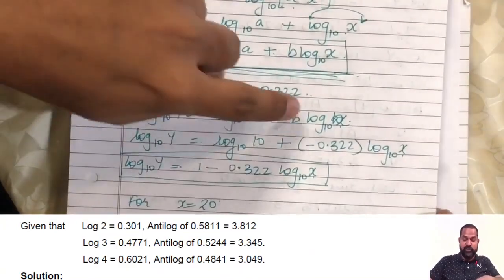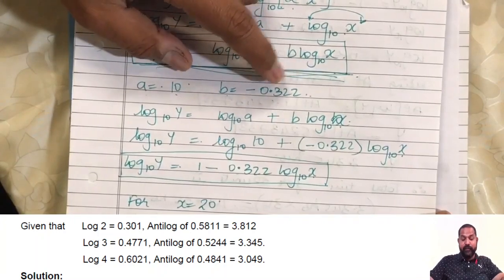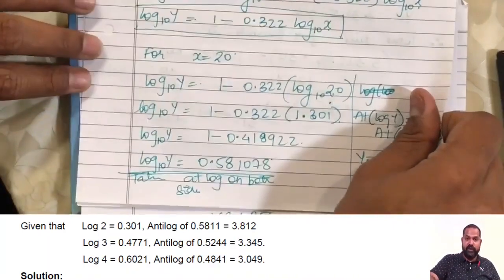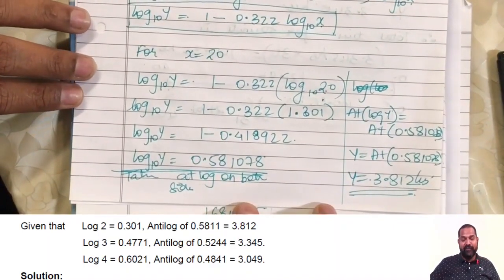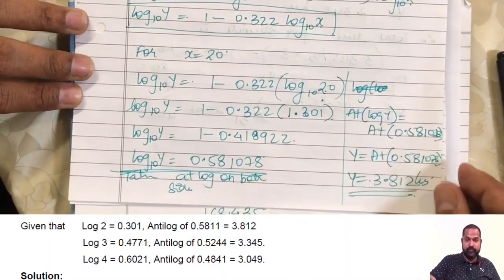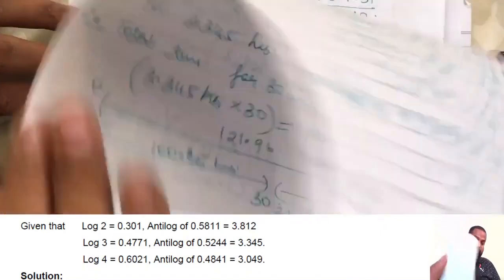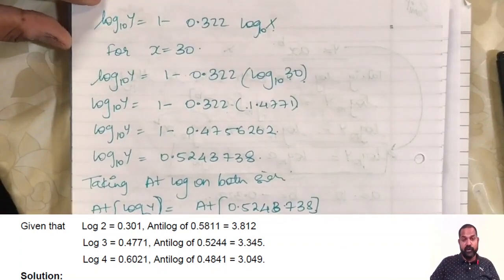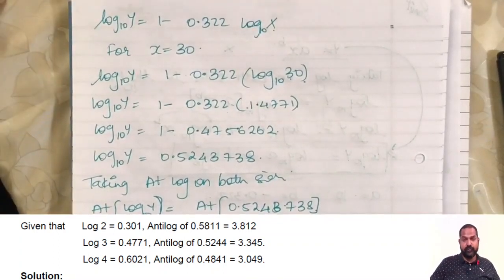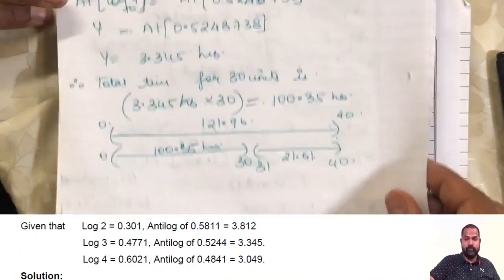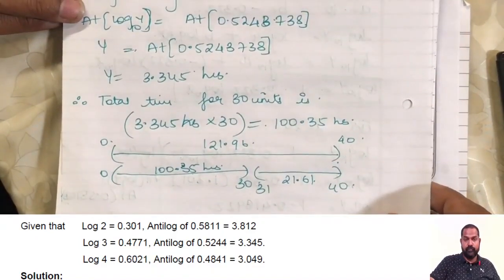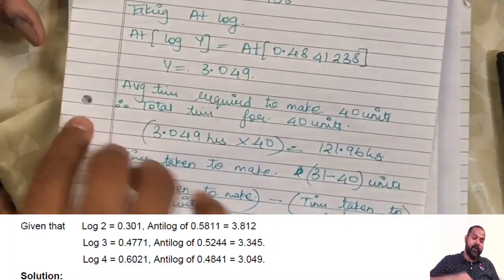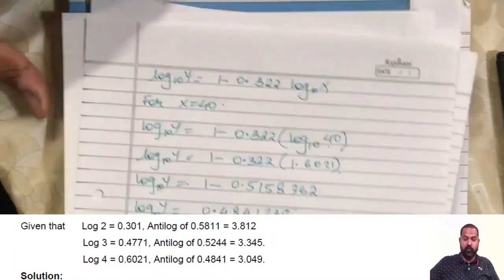Then for this question with A as 10 and B as minus 0.322, create your own formula and then start calculating. This is for the first question, average time for 20 units. This is for the second question, total time for 30 units. And the third and the last question, time required to make 31 to 40 units.